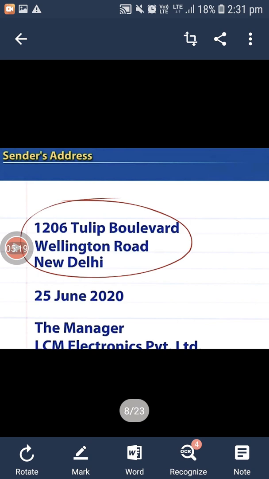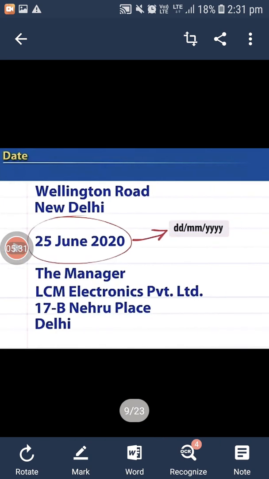If you can write the pin code, it's your choice. Then leave one line and go to the second point of the format, that is the date. This is the way we can write the date, and also we can write the month, date and the year.